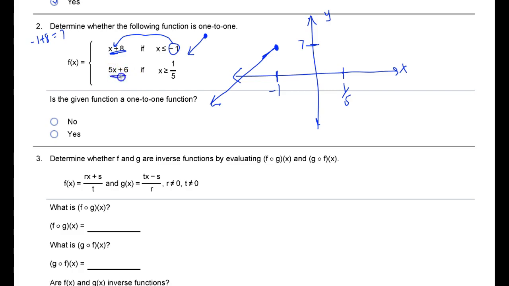Now, the second piece also looks like a line with a positive slope, but of course the slope is 5 times as high as our first piece. So let me adjust this line here to make it look a little better.